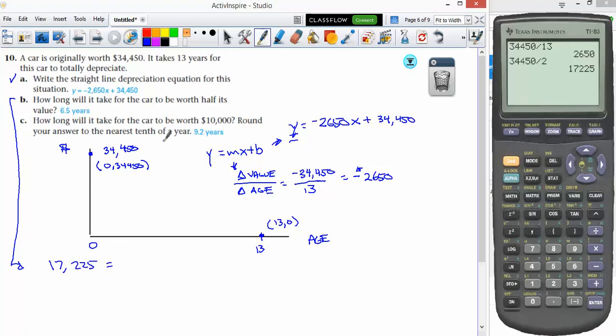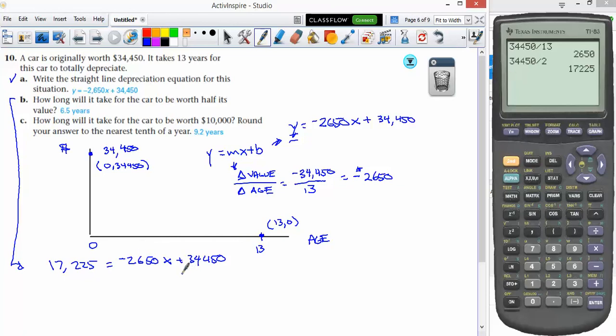Okay, and now we're going to set that equal to negative 2650x plus 34,450. Okay, we're going to solve for x.